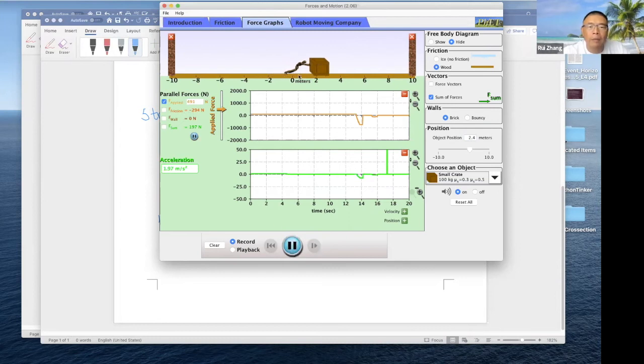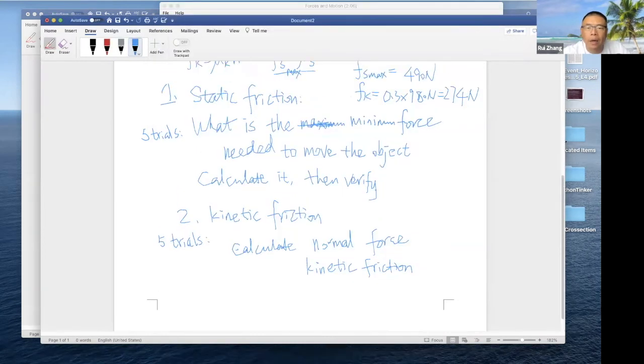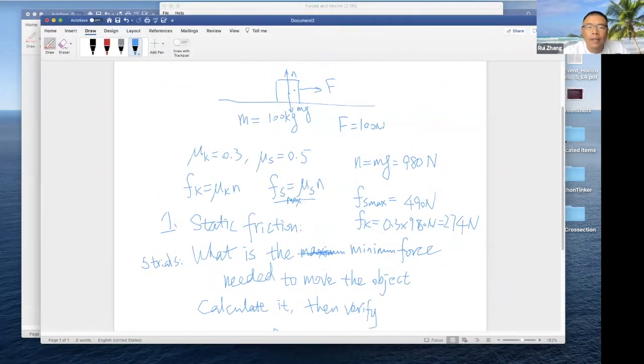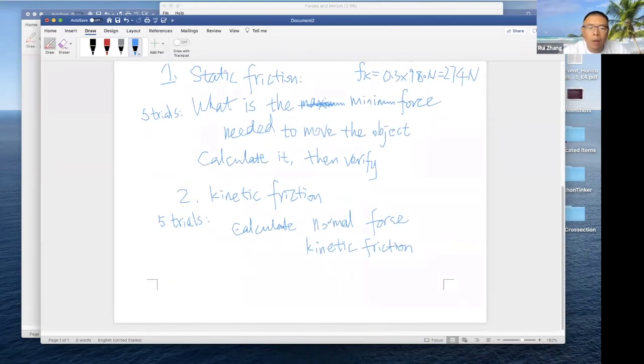There's a negative sign here because it's going in this direction, but when you write it down, you don't have to write it as negative. So you have the kinetic friction given, and for the normal force, as we explained according to the free body diagram, it just equals the weight. So basically you can measure the kinetic friction, and then you need to calculate the normal force. Now you have 5 sets of numbers of kinetic friction and normal force, and then I want you to plot it on Excel.